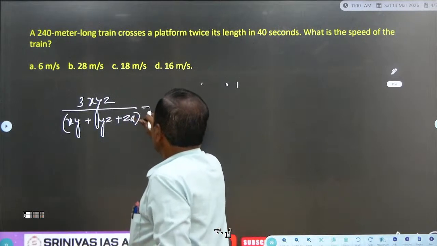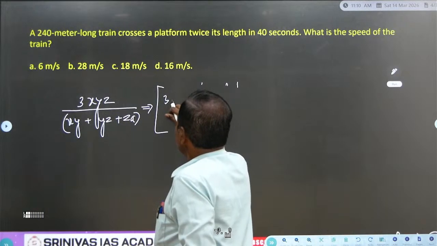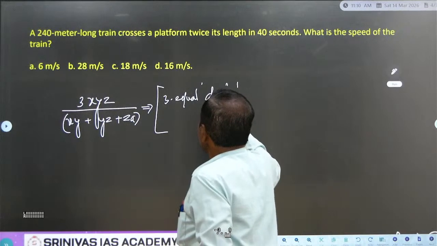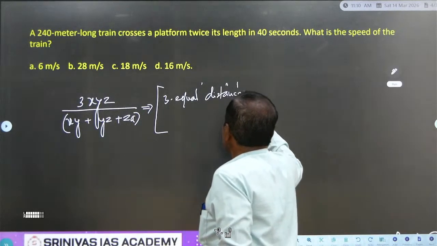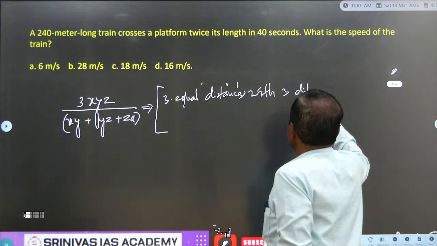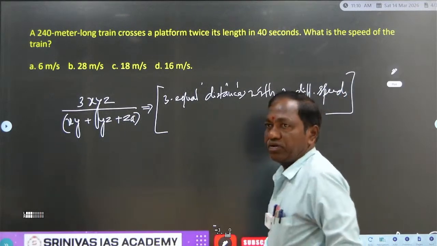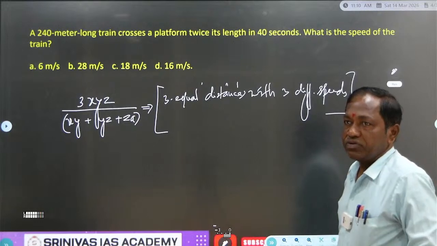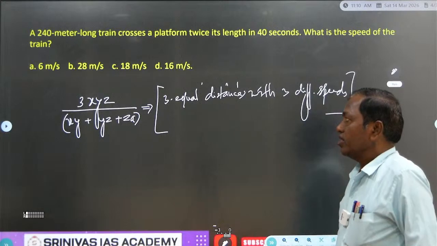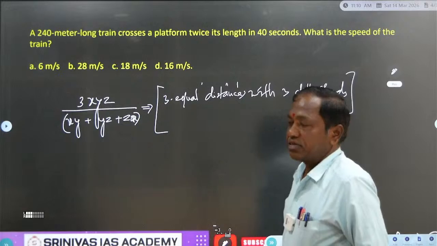So this is for three equal distances with three different speeds. This is applicable. These two things you need to remember every time, because these are the only formulas you need to apply here. zx. Okay, that is the thing.